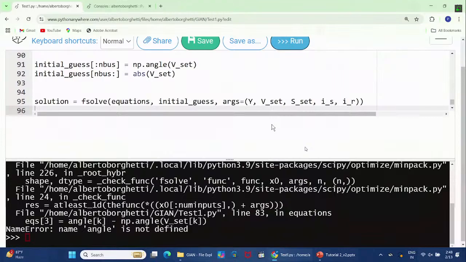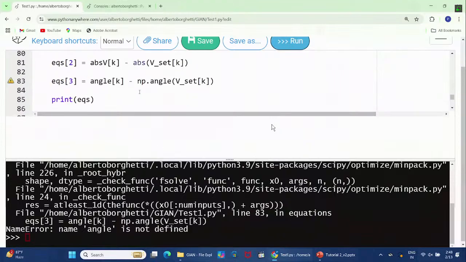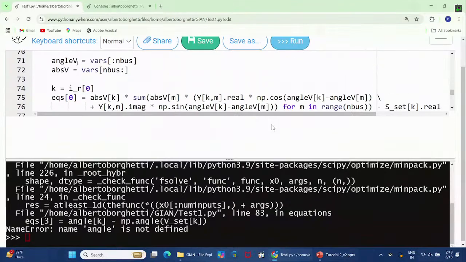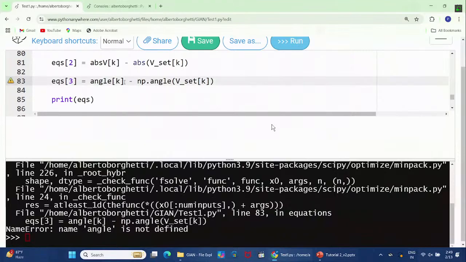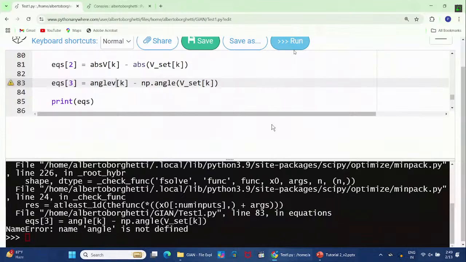Now it's complaining about the angle in equation 3. I was looking at this, but it is not angle, that's all. It is angle V. It is the name of this variable. It is just the angle that we have put, so it is angle V. I was focused on this, but it was just this mistake.